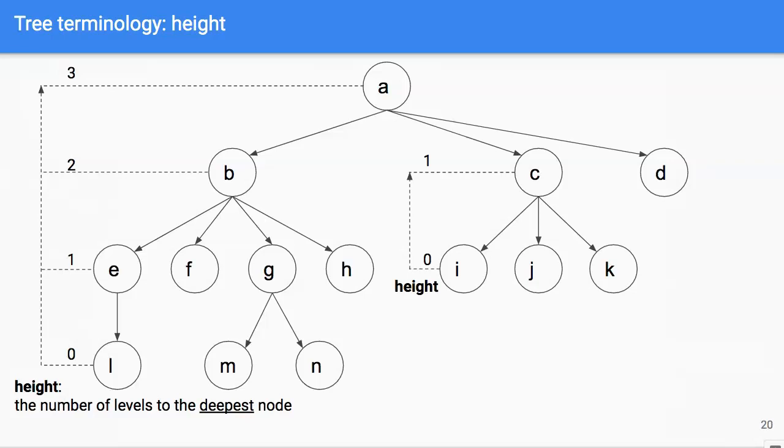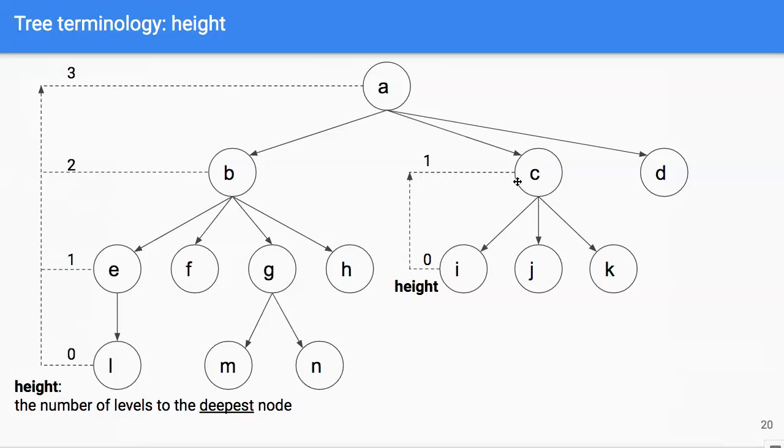Now, the reason I said this is a slightly trickier concept is because nodes at the same depth do not necessarily have the same height. So, for example, if we look at this part of the tree, the leaf node I, because it's a leaf node, has the height of 0, right? And its parent C has a height of 1.